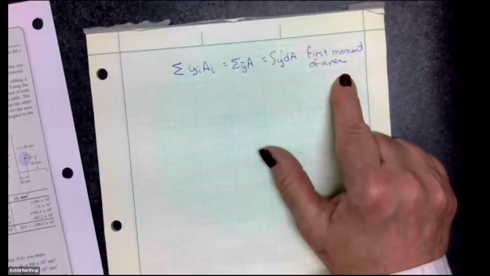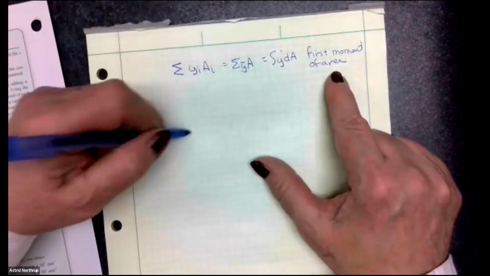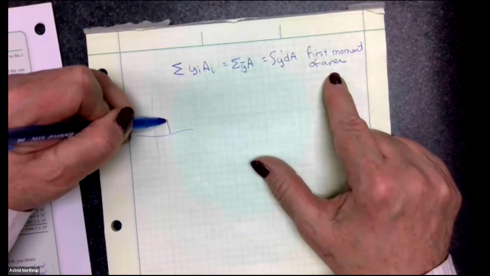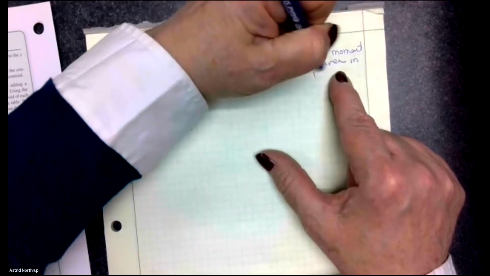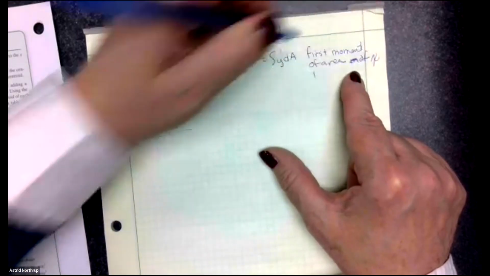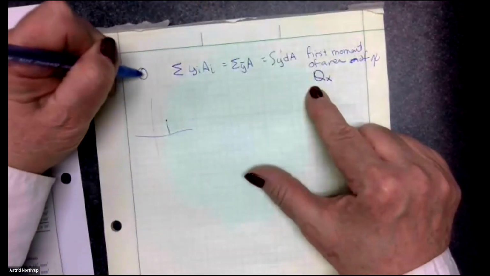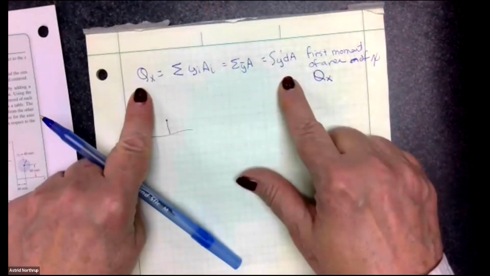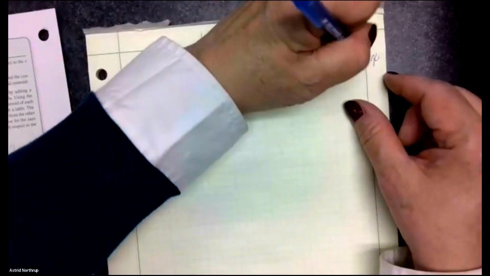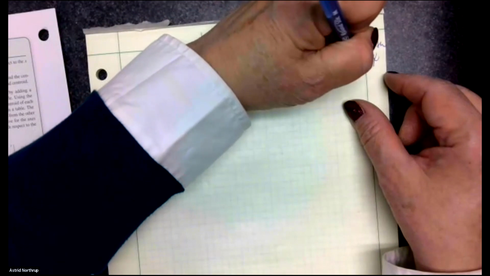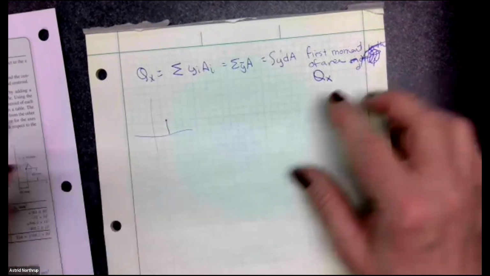Because it's a moment, we need to reference where you're taking that moment about. Because you're going upward, you're moving from an x-axis, so it's about x. The symbol that we use for that is Q sub x. So Q sub x equals these things, and it's called the first moment of area. I'm just going to leave it at that.